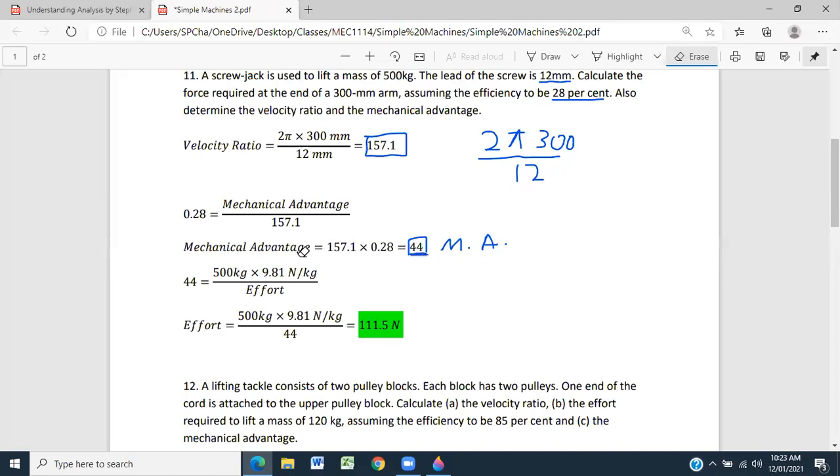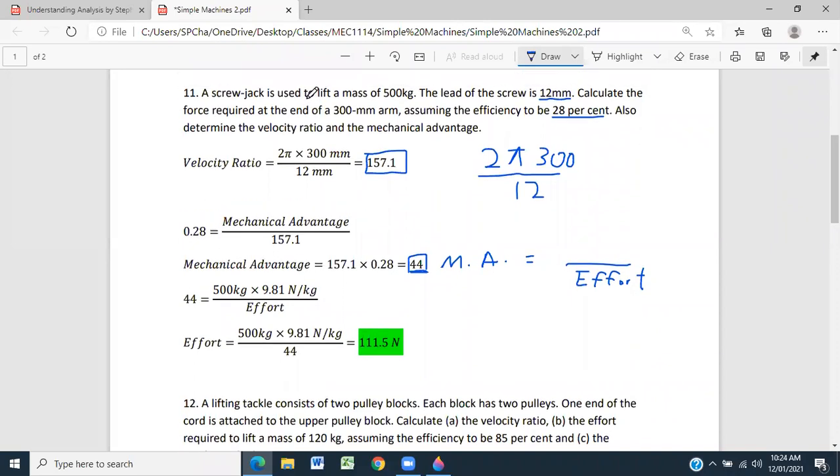Good. So using that 44, we know the mechanical advantage is equal to the load divided by the effort. The effort is what we want to find, right? So in this formula, we substitute the load, and the load is this 500 kg mass.